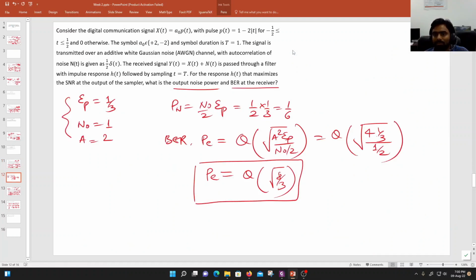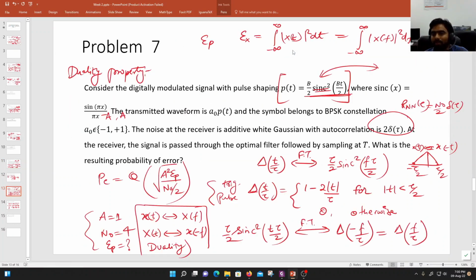Any other doubt in the last problem? I hope the last problem will be clear, because PT is not a very easy function to calculate directly. We have converted this function to the Fourier transform, because by taking the Fourier transform, it is slightly easier to calculate the energy of the pulse. So we have calculated the energy and other things, put them in this expression and got the probability of success.